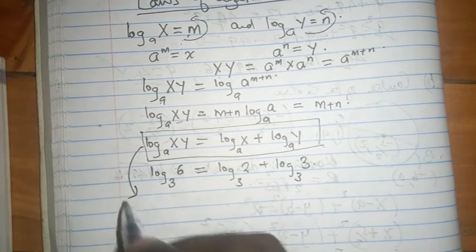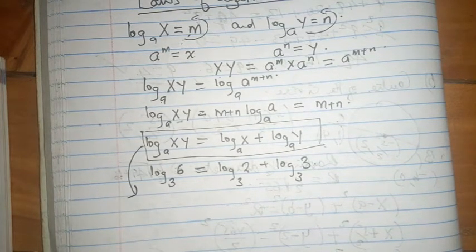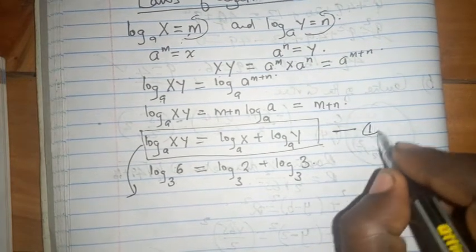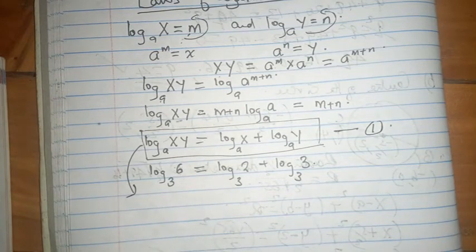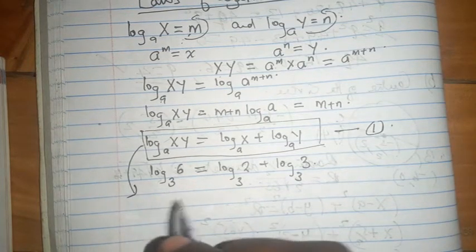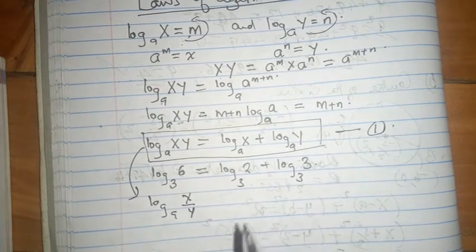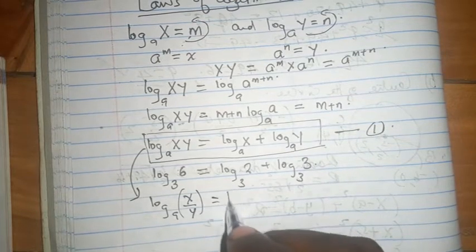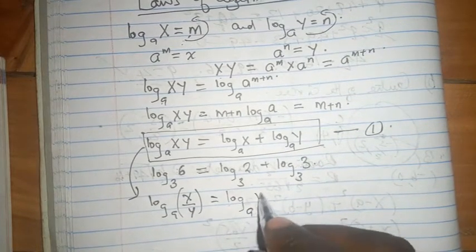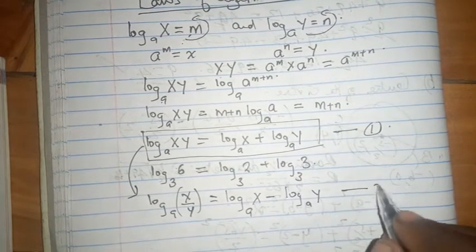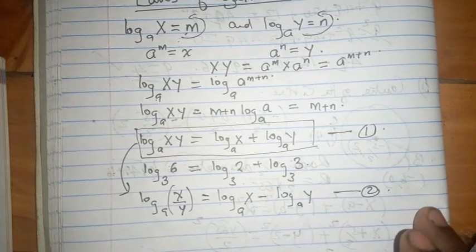And of course now, this result is one of the laws of logarithm, and you can use similar methods to prove two further laws. Let's call this law 1, and you can use similar processes to say log to base a of x over y is equal to log to base a of x minus log to base a of y, and this is law 2, so to speak.